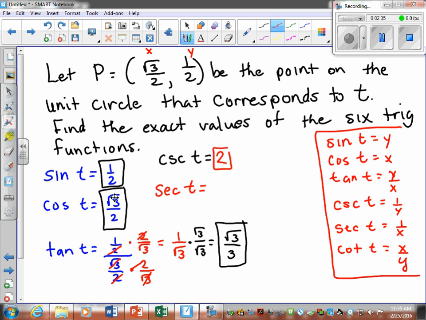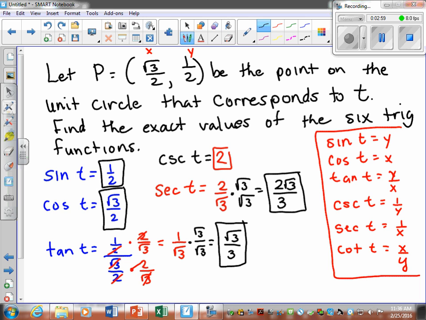Or we can come over here and just do the reciprocal, which is 2 over the square root of 3. Now, what do we not like about that answer? It's not rationalized, so we need to do some algebra to clean it up. And that would give us 2 square root of 3 over 3.